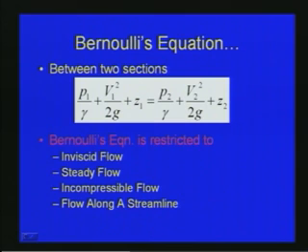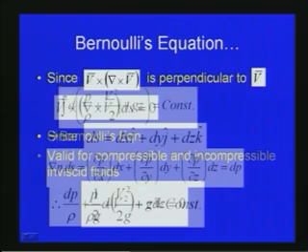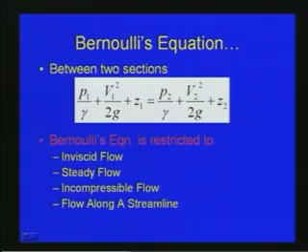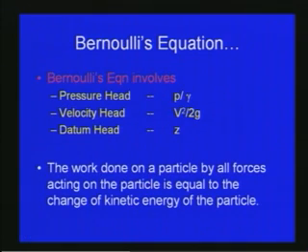Even though we derived the equation earlier in a general form, Bernoulli's equation is restricted to inviscid or non-viscous flow, and it is in steady state. The general application is for incompressible flow and flow along a streamline. These are some of the restrictions as far as Bernoulli's equation is concerned.